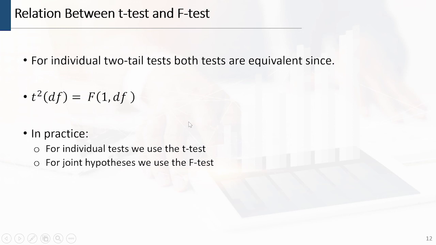And for multiple regressions that we study in this chapter, when you have more than one coefficient, usually we refer to the F-test more often than the t-test. So basically, the F-test is something like the multiple regression version of the t-test.